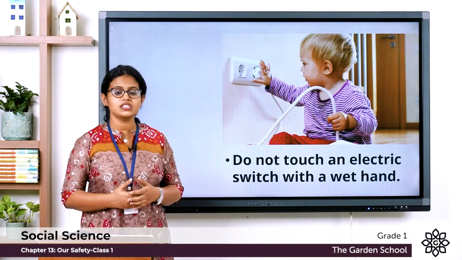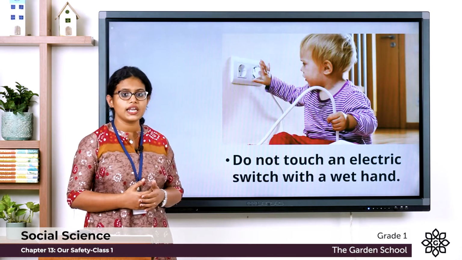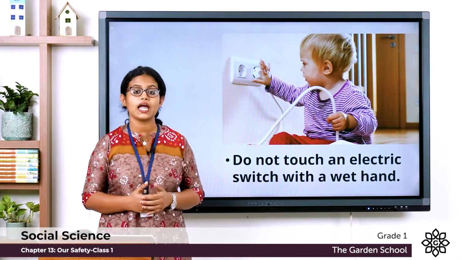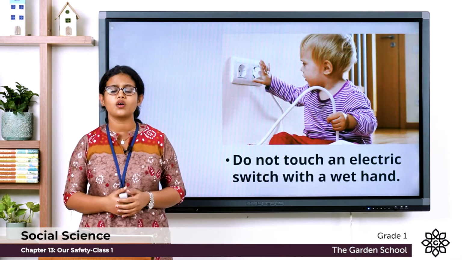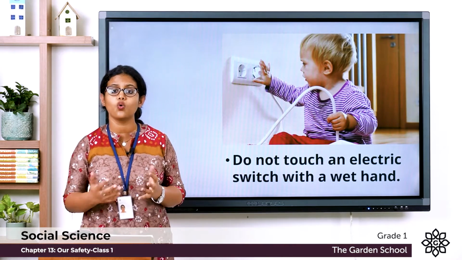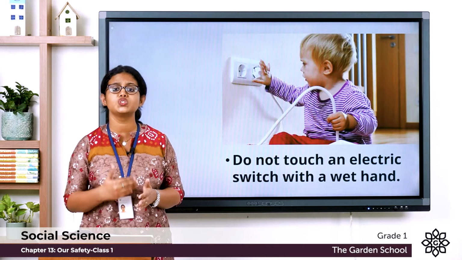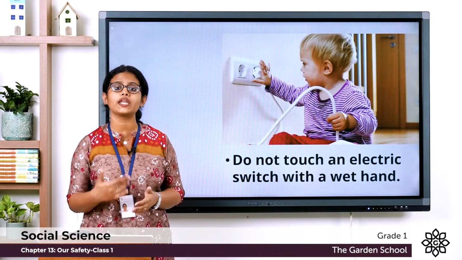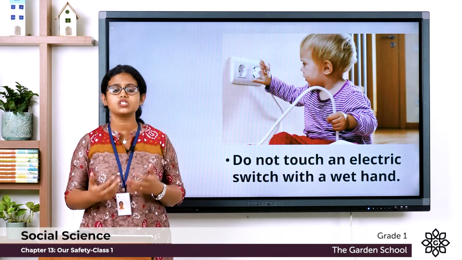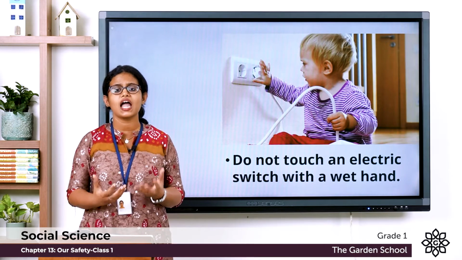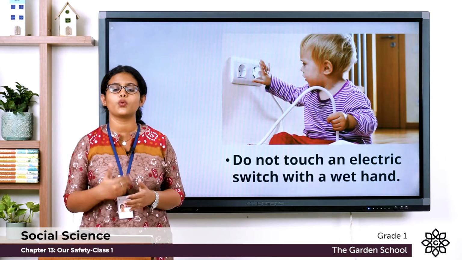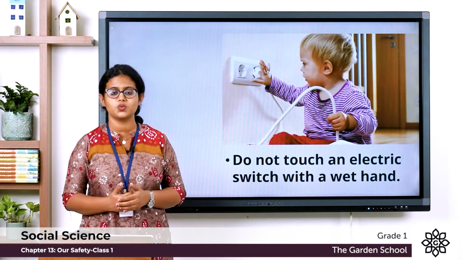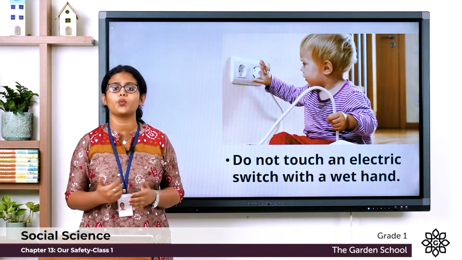The next one is, do not touch an electric switch with a wet hand. You have all seen the electric switches or electric wires in your home, right? You should not touch them with a wet hand. What is a wet hand? It means hands with water. What happens when you touch it with a wet hand?